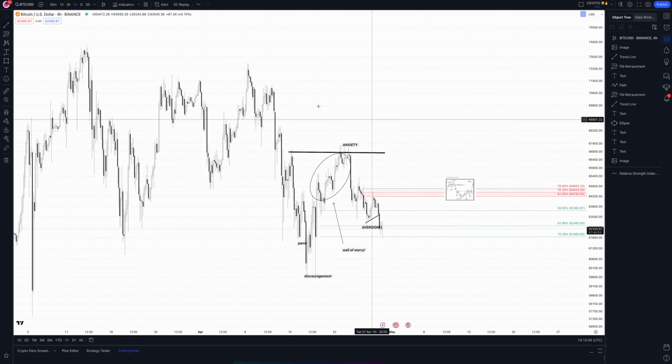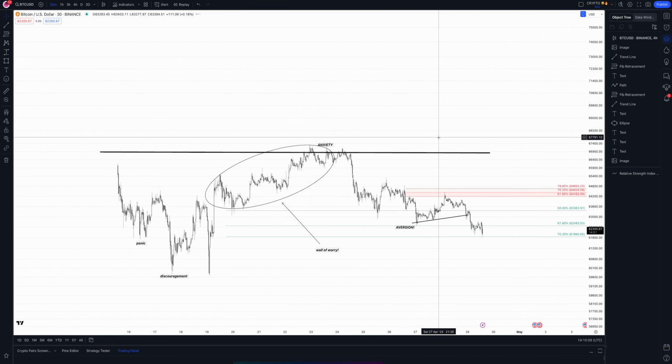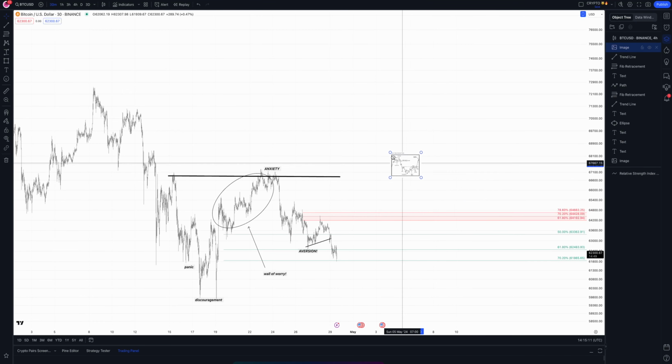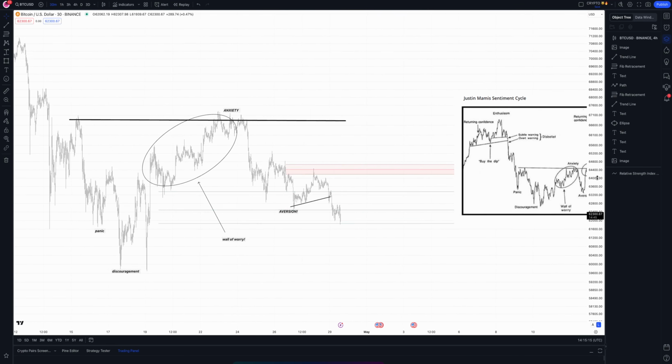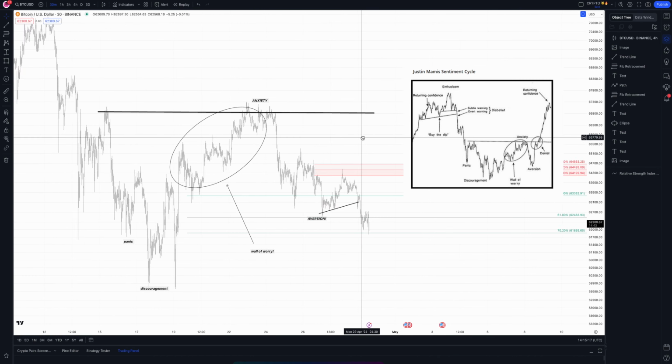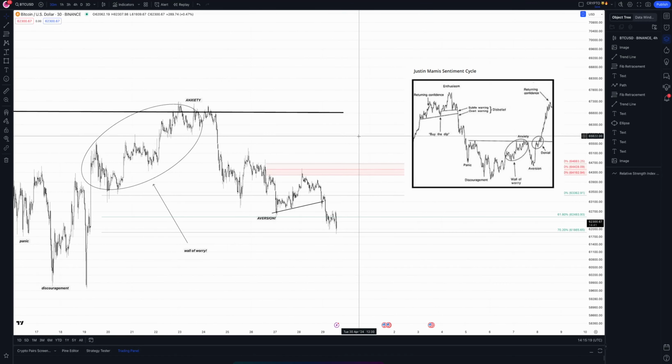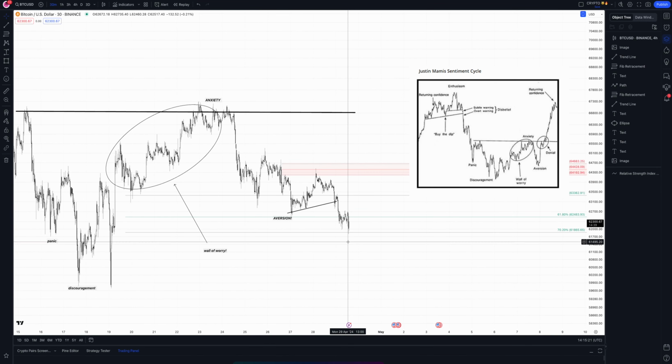Okay, so this is the Justin Mamoth sentiment cycle over here, and it looks like we're printing a spitting image of this over here. Okay, now we're on the 70.2% fib. You see that for Bitcoin?